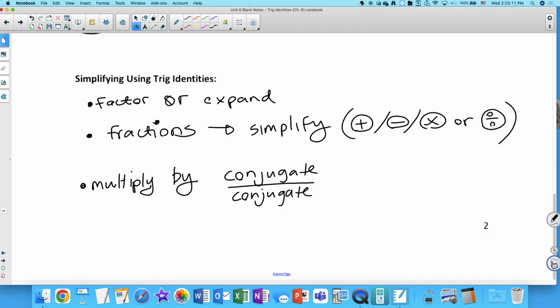Now you can't just multiply by the conjugate because then you change the value of the expression, but you could multiply by conjugate over conjugate, and then you're good. Now, some of you guys are like, I think I've heard that word before, but I can't really remember what it means. So the place, just to remind you where you've seen conjugate before, mainly is when rationalizing denominators in Math 20-1.